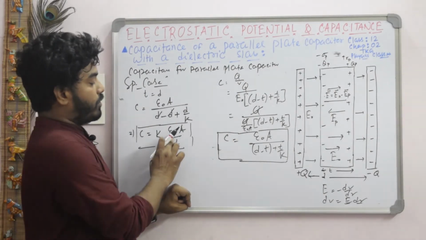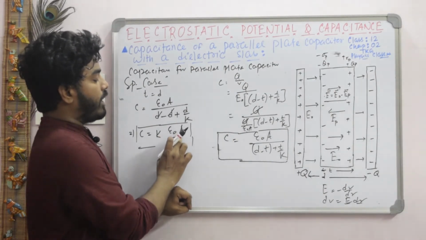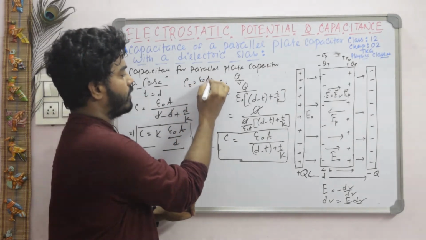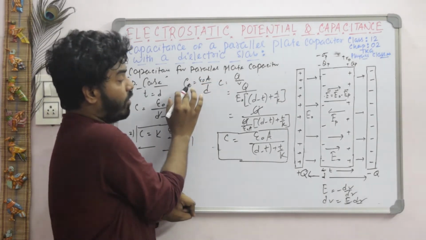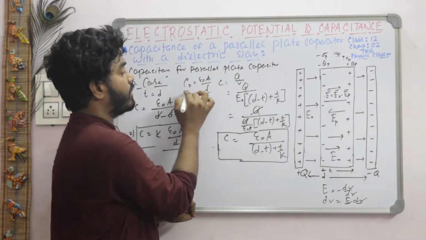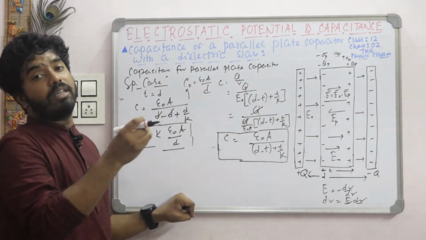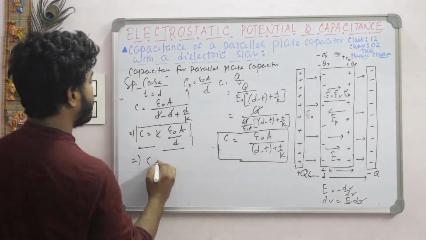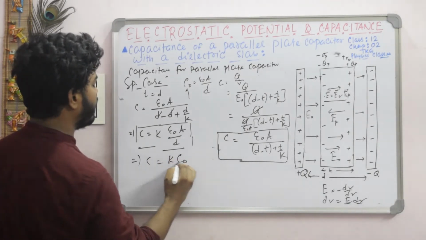Now, you know what is represented by epsilon naught A by d. We already wrote at first, C naught is equal to epsilon naught A by d, that is the capacitance of a parallel plate capacitor when there is a vacuum. So, this expression becomes C is equal to K into C naught.